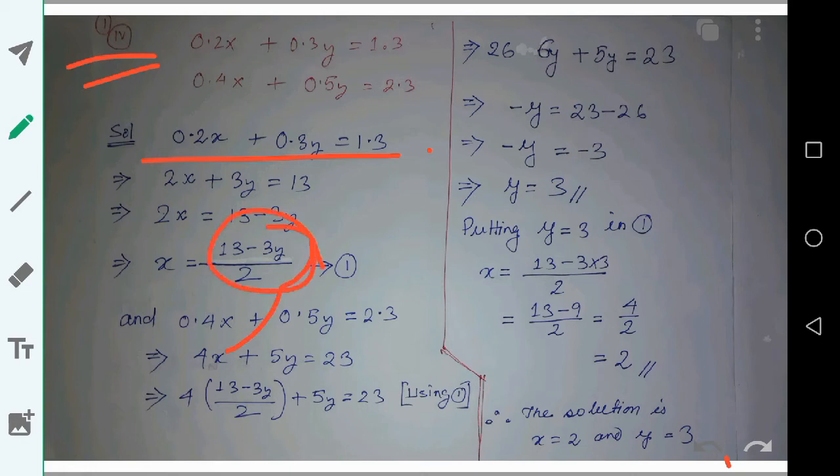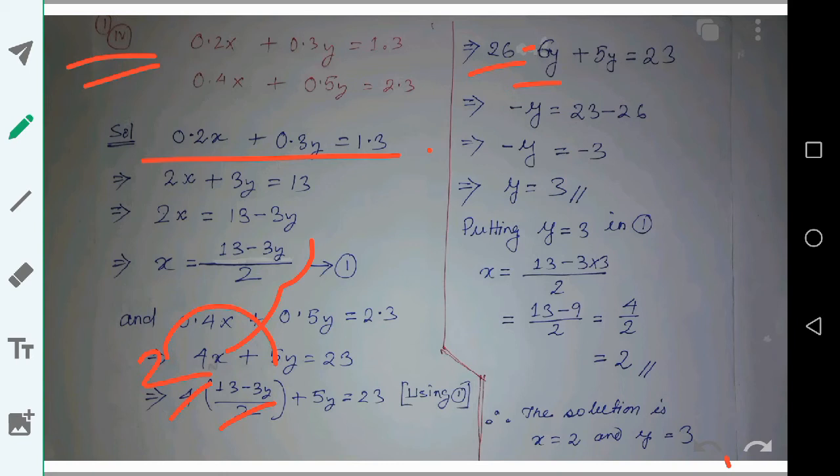Doing so, we have got this step, and here you see this 2 can cancel 4, which gives 2. Cancelling this 4 by 2, we have got 2 here. 2 times 13 is 26, then 2 into thrice y, that is 6y. There should be a minus sign, I forgot to write it here.